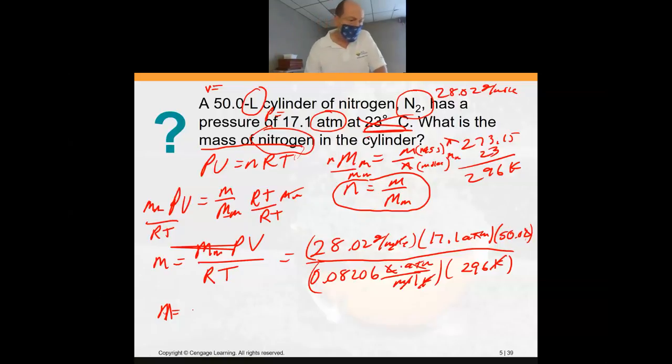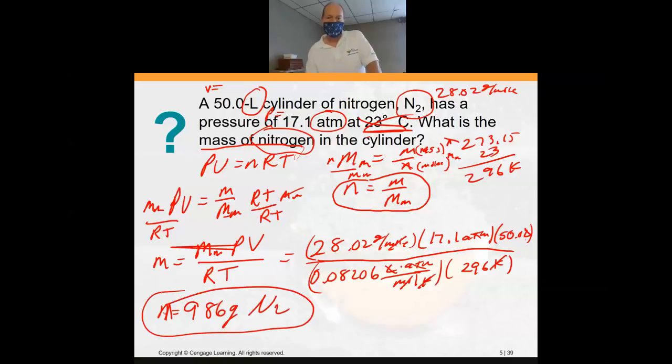And so your mass is 986 grams. All right, so again, you could have just solved for moles, and once you had moles, convert that into mass. What I like to do is have all of my equations. So there it is, solved for mass.